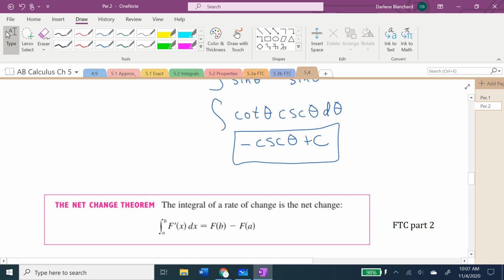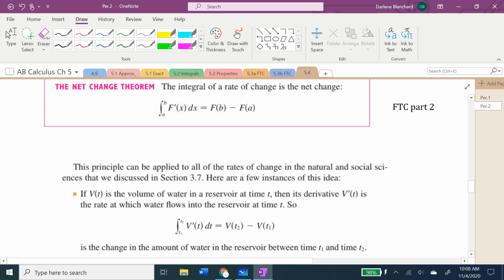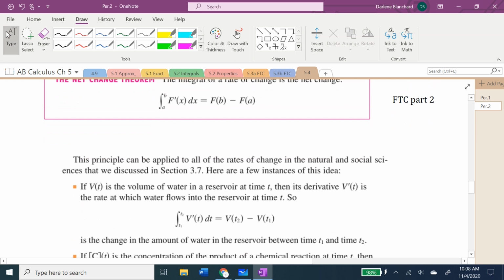I want to let you know that if you're curious about what is the application for definite integrals, there are a lot of applications. Your textbook goes through a list of some applications. And I will say that the AP exam likes to look at applications like this first one, where you don't have to know some science principle.